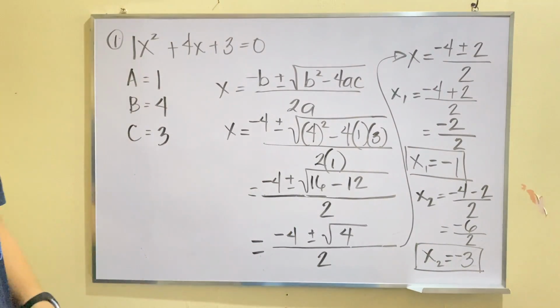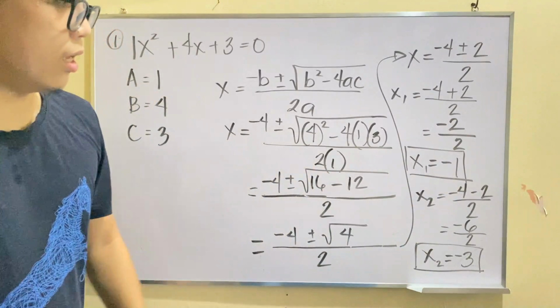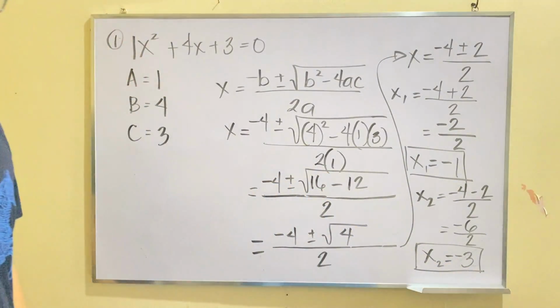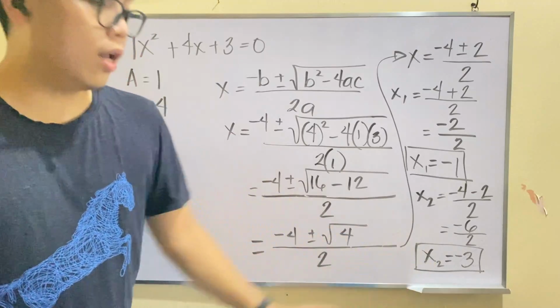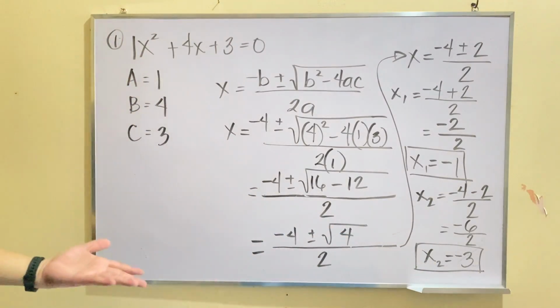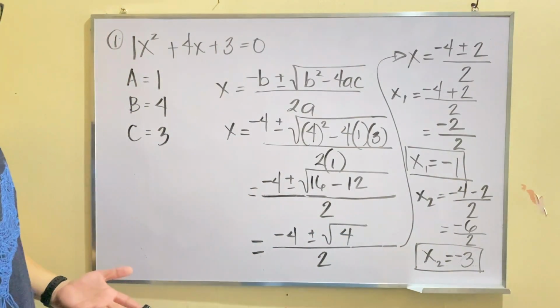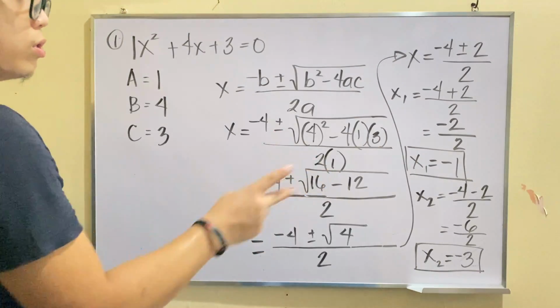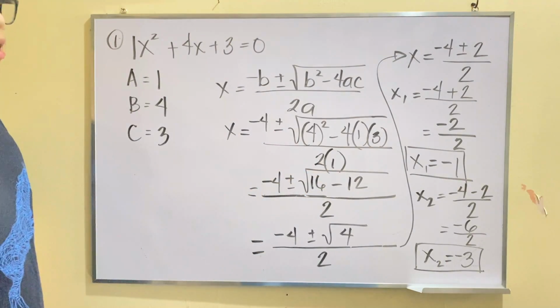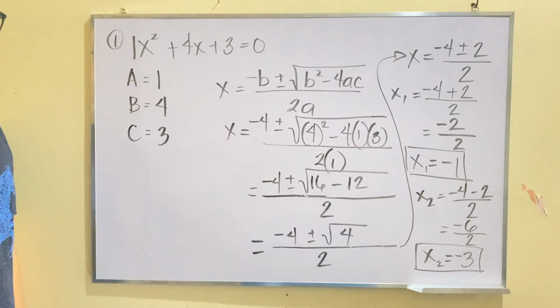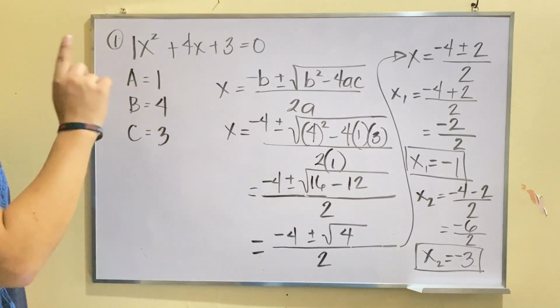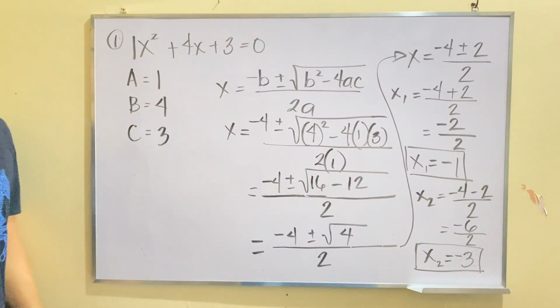So, ang value ng x natin is negative 1 and negative 3. So, kung makikita nyo, x sub 1 is not equal to x sub 2. So tama yung pag-describe ng discriminant kasi meron tayong roots na two distinct numbers, negative 1 and negative 3. So napatunayan natin na tama yung discriminant na nakuha natin.